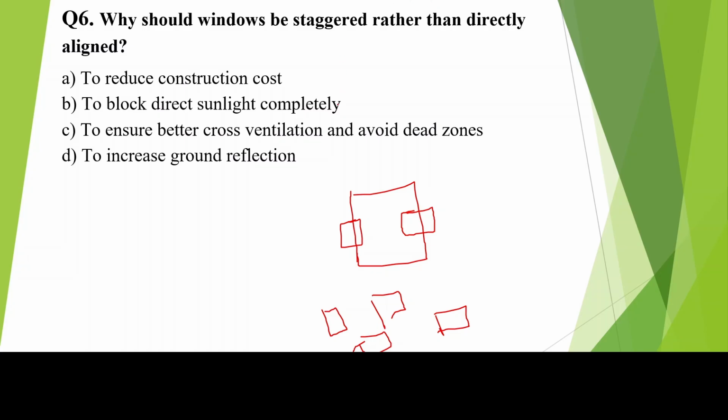So it was concluded that the staggered position of windows is better. That's why it is preferable to the other aligned strategy. But what is the key advantage of such an arrangement, that I want to know? And whoever knows the answer can give their answers in the chat box.